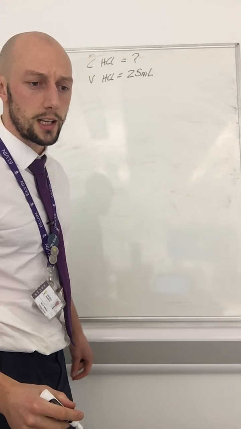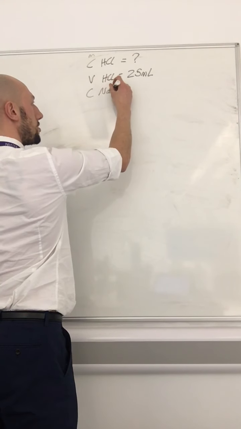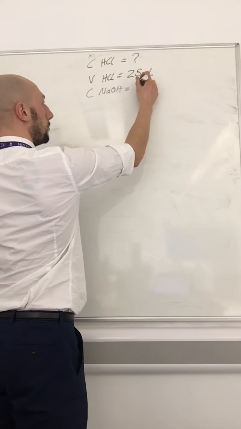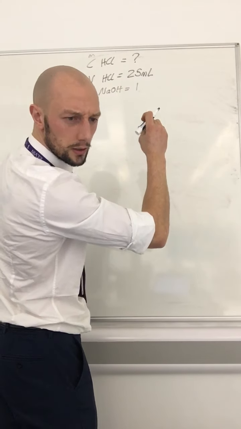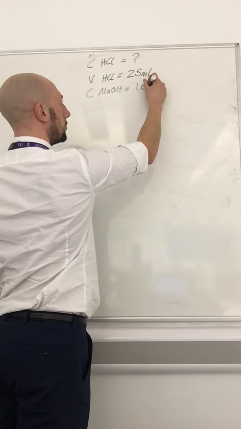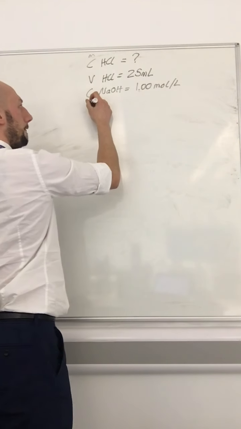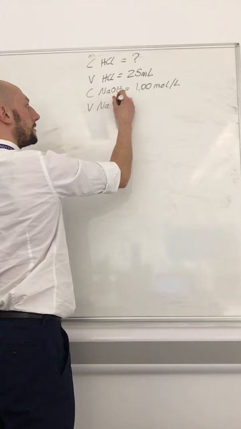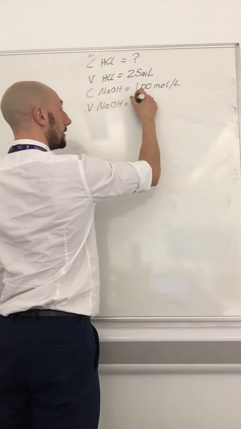It tells us the concentration of sodium hydroxide, C of NaOH, is equal to 1.00, very precise concentration, 1.00 mole per litre. And finally it tells us that the volume of sodium hydroxide is 28 millilitres.